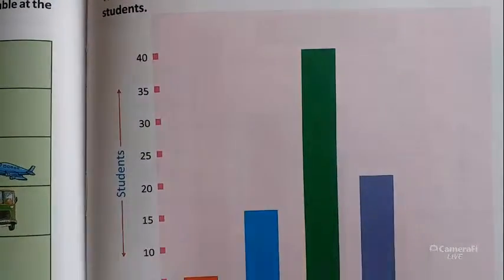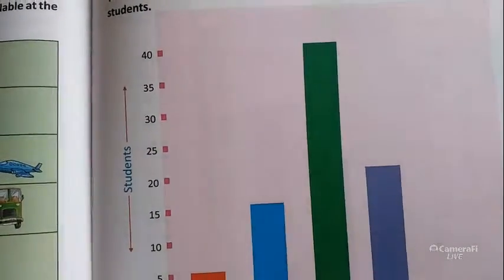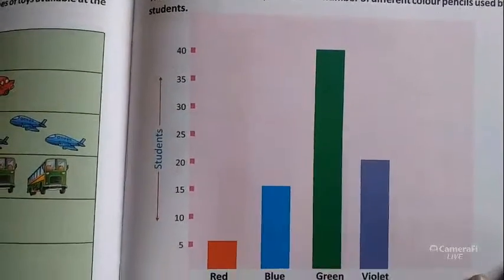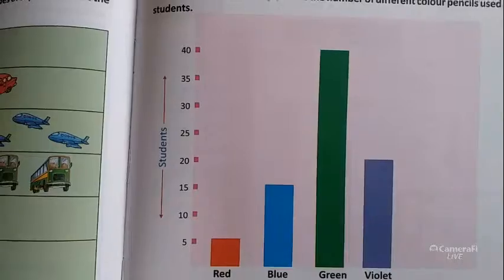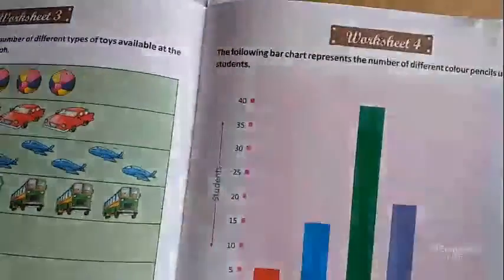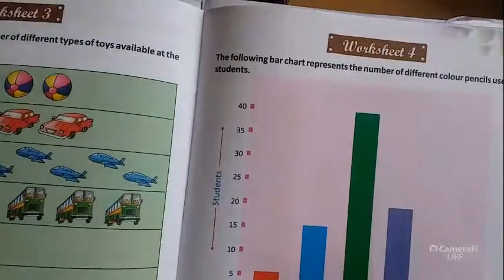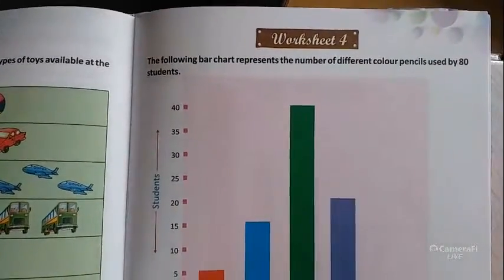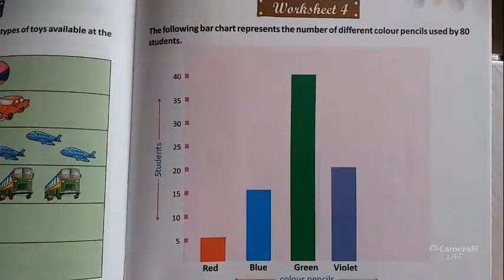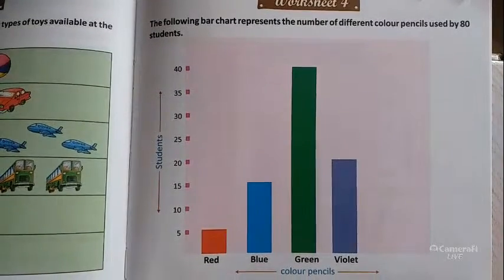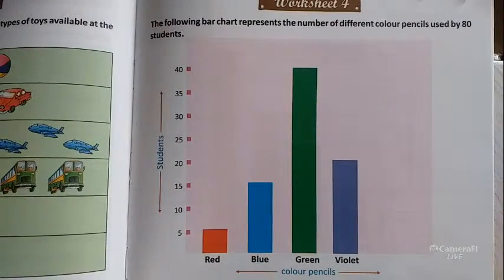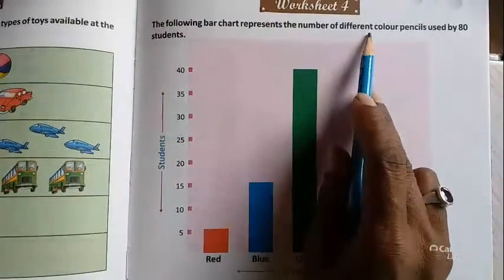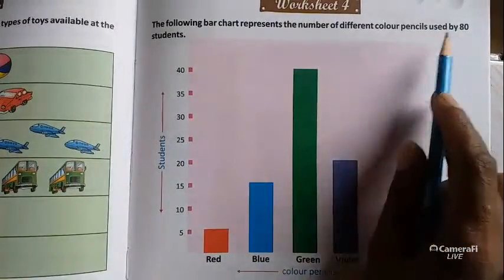This is the bar graph, representing different color pencils used by 80 students. This problem I have taken from your worksheet book, worksheet 4. The following bar chart represents the number of different color pencils used by 80 students.